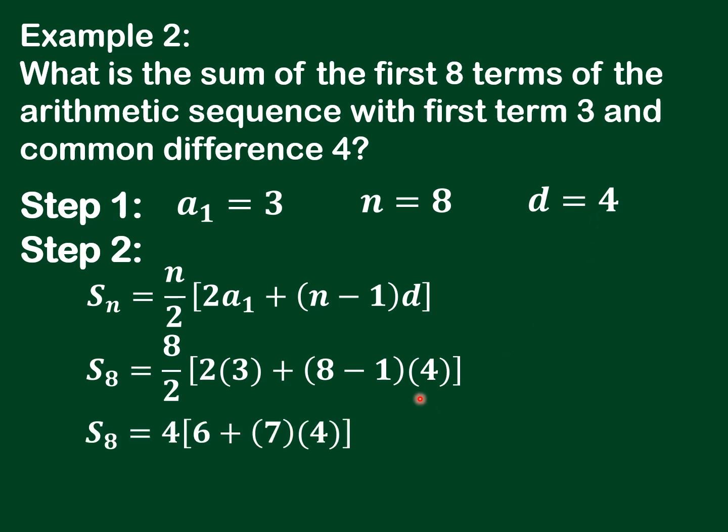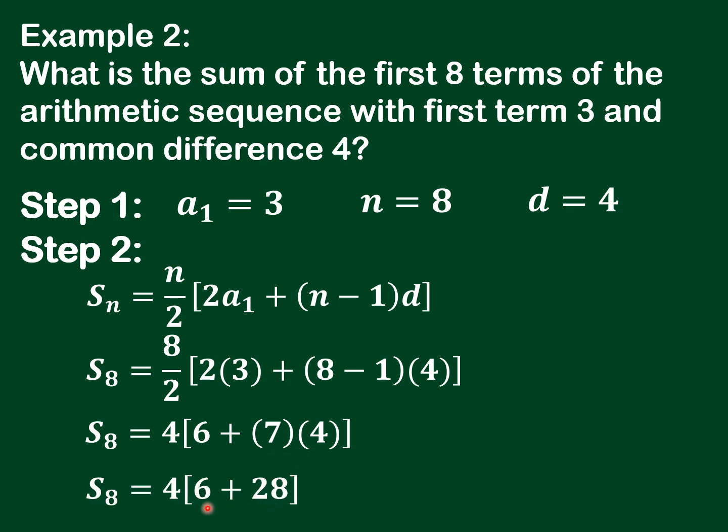And then simplify. So 8 divided by 2 is equal to 4. 2 times 3 is equal to 6 plus 8 minus 1 is equal to 7, and then multiply it by 4. 7 times 4 is equal to 28.